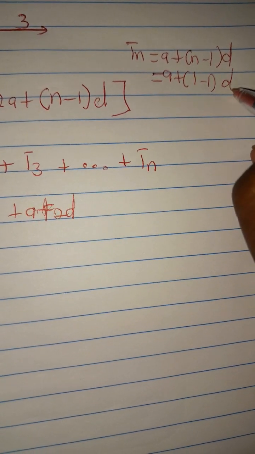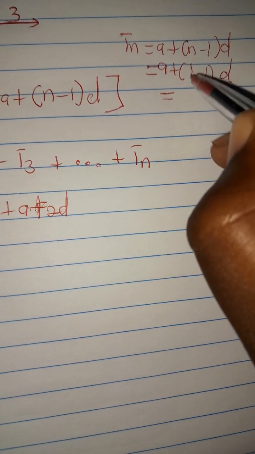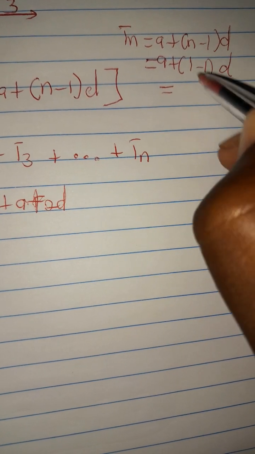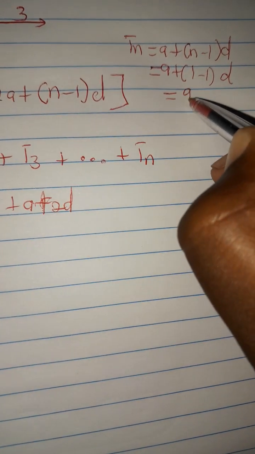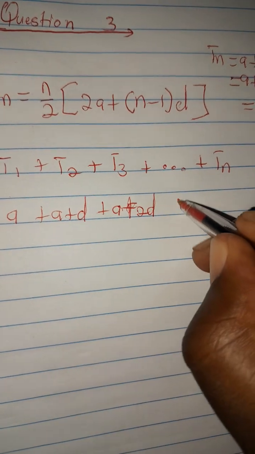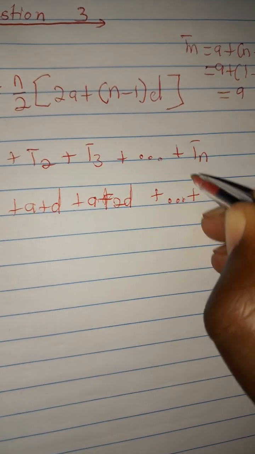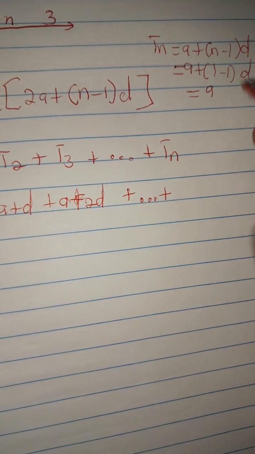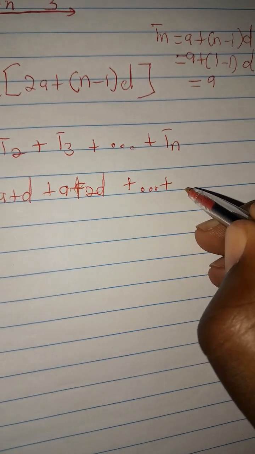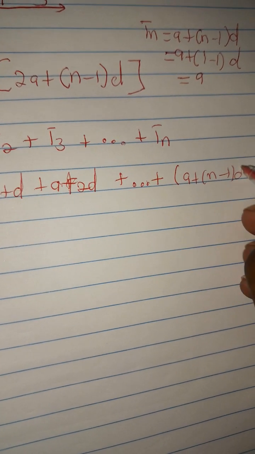That's 0, 0 multiplied by d is 0, a + 0 is a. Similarly with the other terms. Plus ellipsis. Remember that Tn represents a + (n - 1)d in this case.